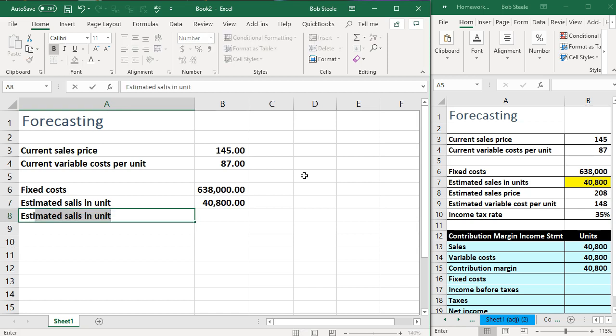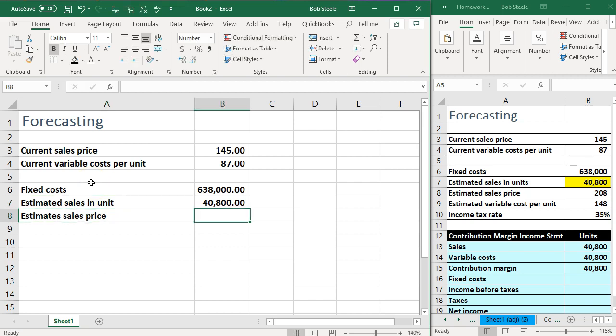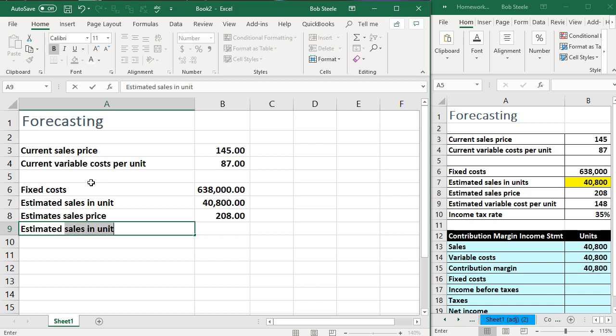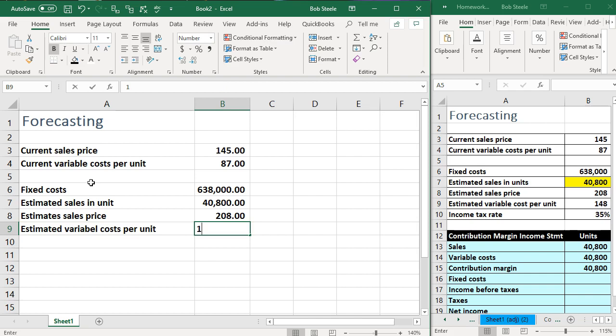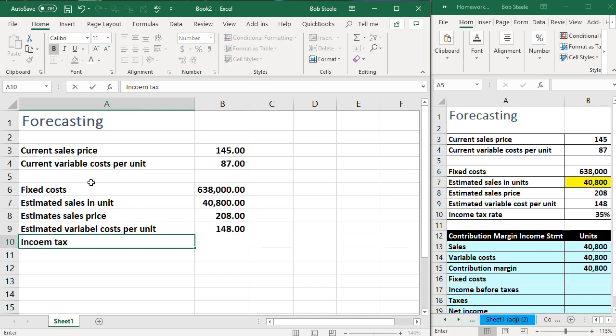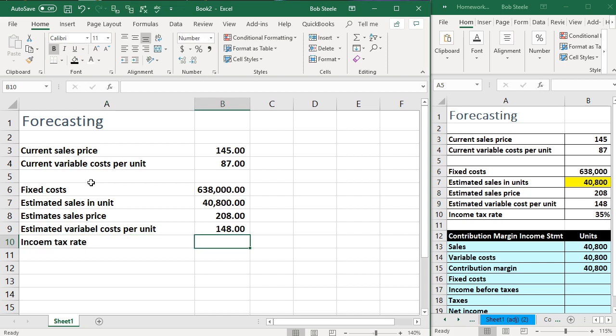Then we have the estimated sales price, 208. Then the estimated variable cost per unit, 148. And the income tax rate is going to be 35%, 0.35.